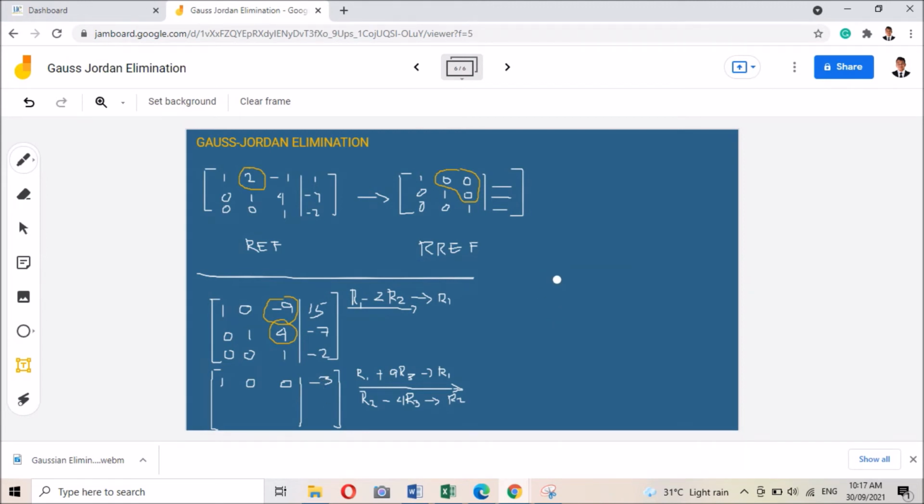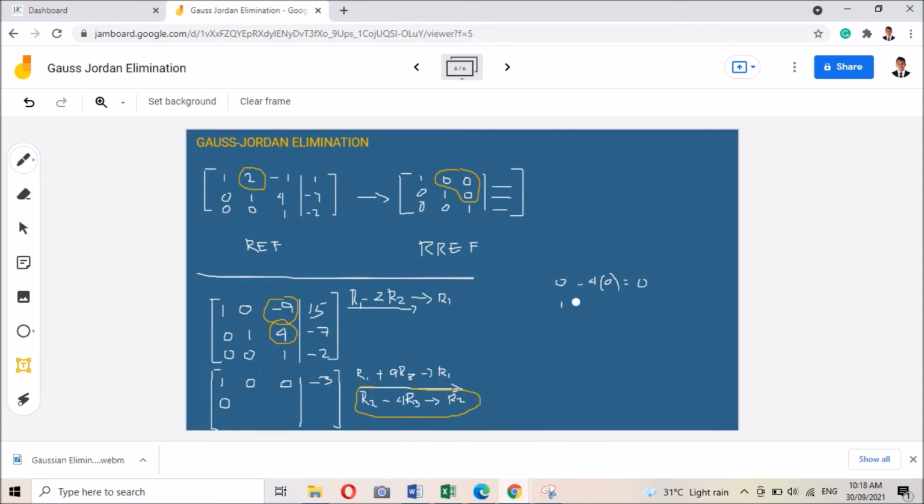R2 starts with 0. This entry here, 0 minus 4 times R3, which is also 0, will give us 0. So here the entry is 0.